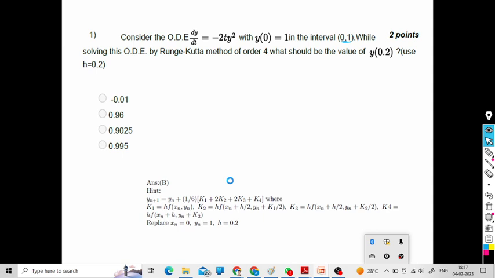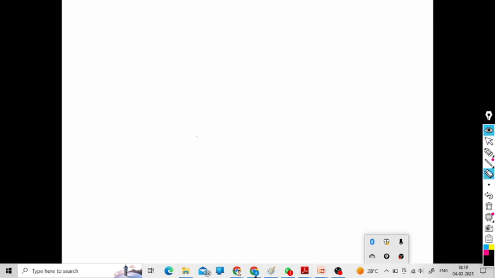Okay, so let's proceed to our next question. The second question is: pick the correct option when using Euler method for solving dy by dt is equal to minus ty square on the interval 2 to 3 with y of 2 equal to 1 and h equal to 0.1.